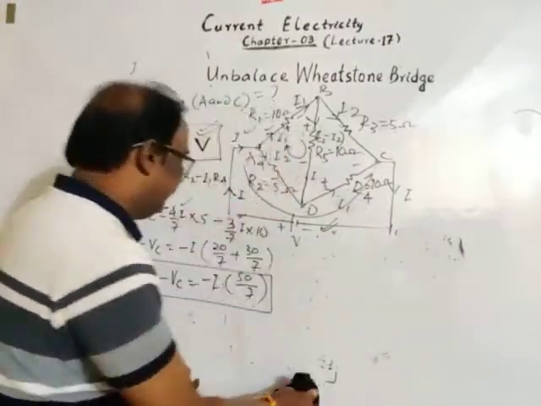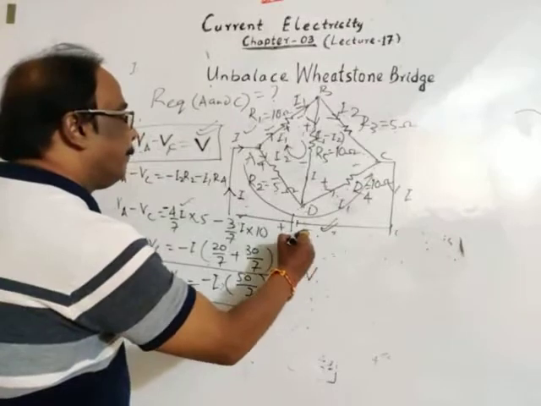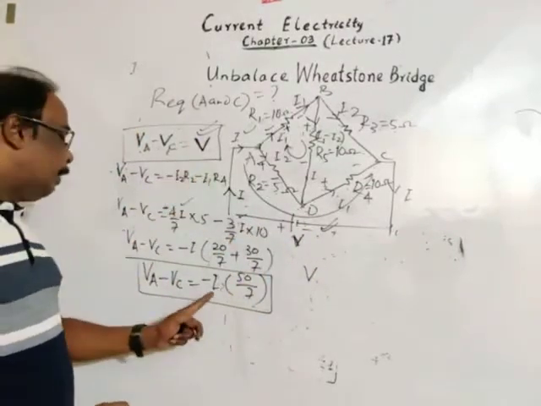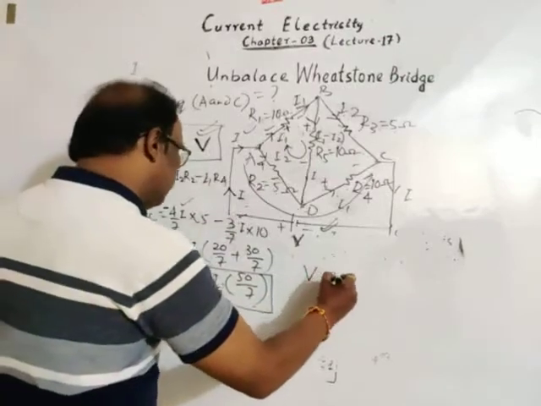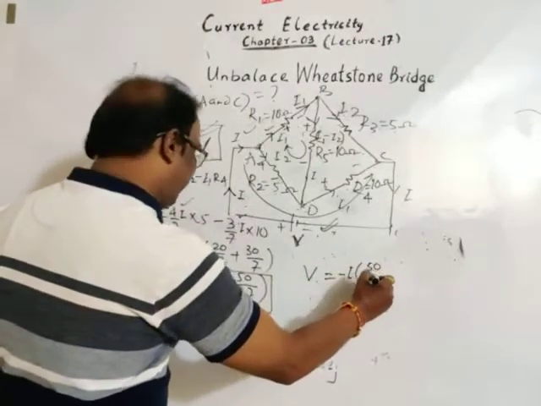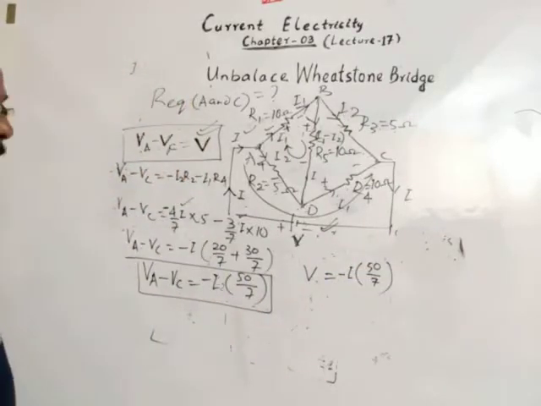See. VA minus VC is V. Potential difference between the terminals VA minus VC is V. Also VA minus VC is minus I into 50 by 7. Okay.